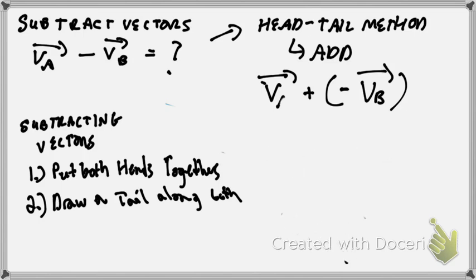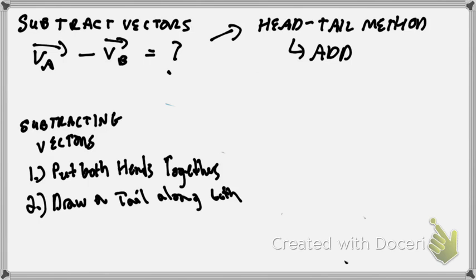Let's look at another example. You have one vector like this, VA, and you have another vector like this, and you want to do VA minus VB again.